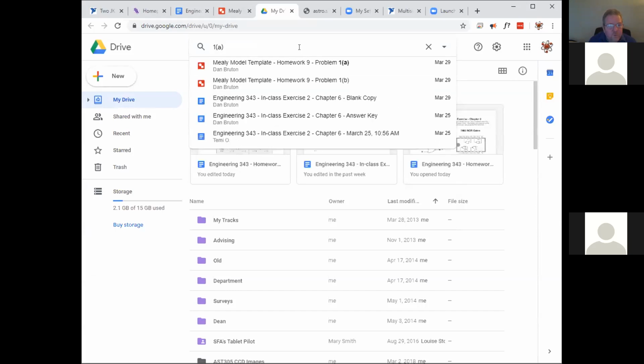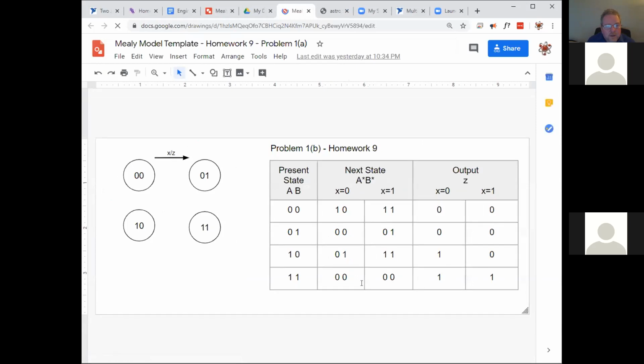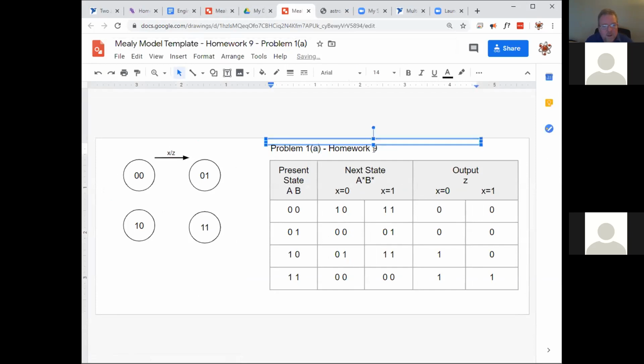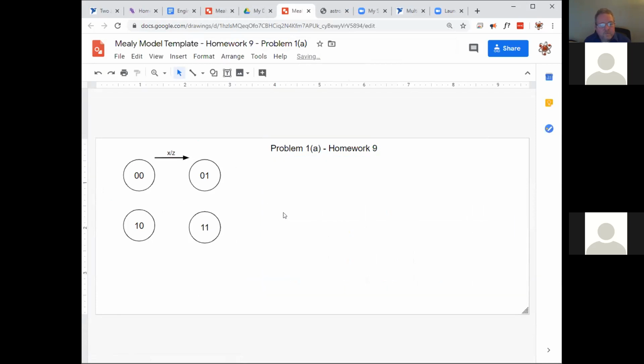We need to be looking for 1A, which is this one right here. And that is still wrong, isn't it? Okay, well, it says it up there, but nonetheless, what I can do is change that to an A, and then we'll just delete this and put the right thing in there for everybody.